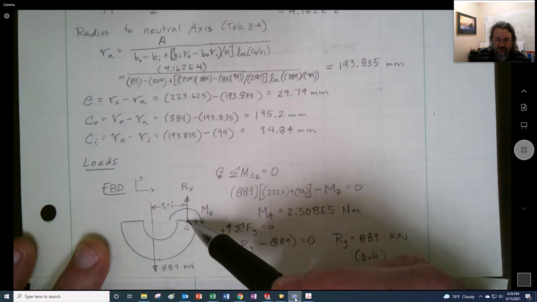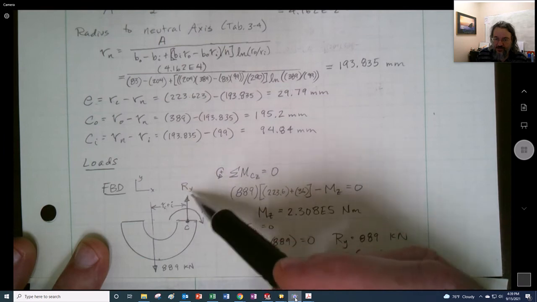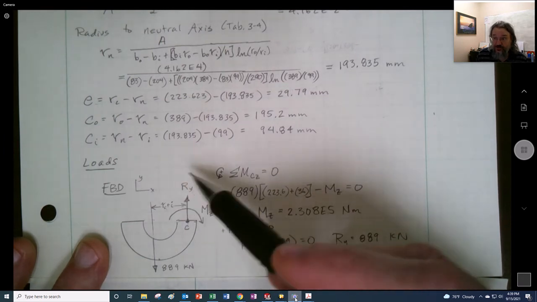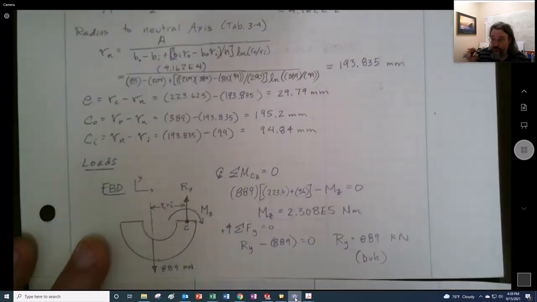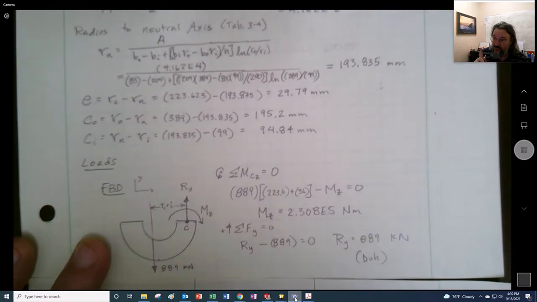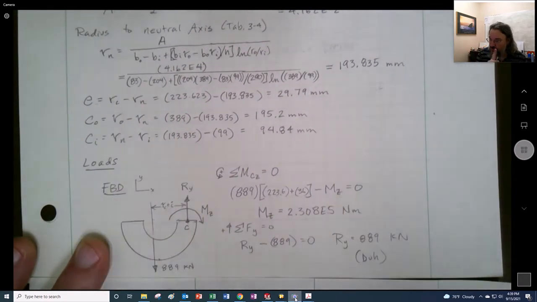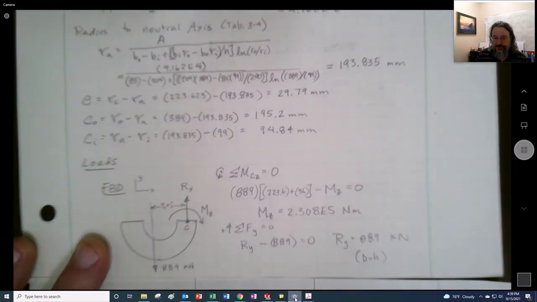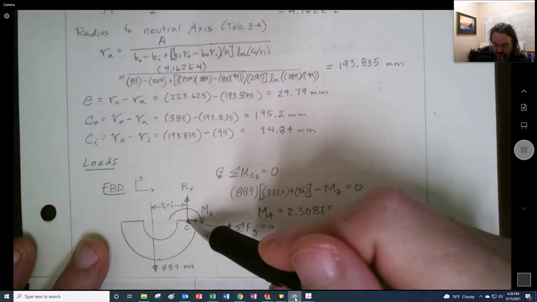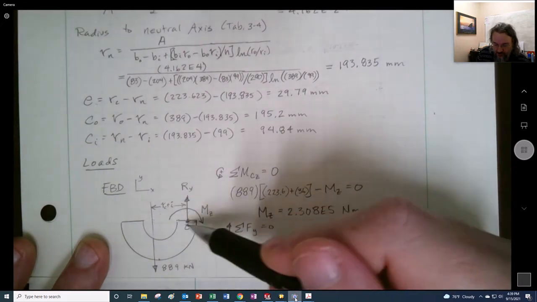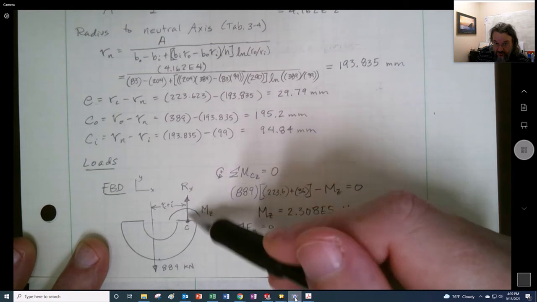So we're going to take the moments about the centroid because the reaction force does act at the centroid, because that's like the central place for an axial force, right? Sort of like the average location. So if you had one particular reaction, that's where it's going to be. So this is the location where we want to take the moments about, so we can get rid of that.